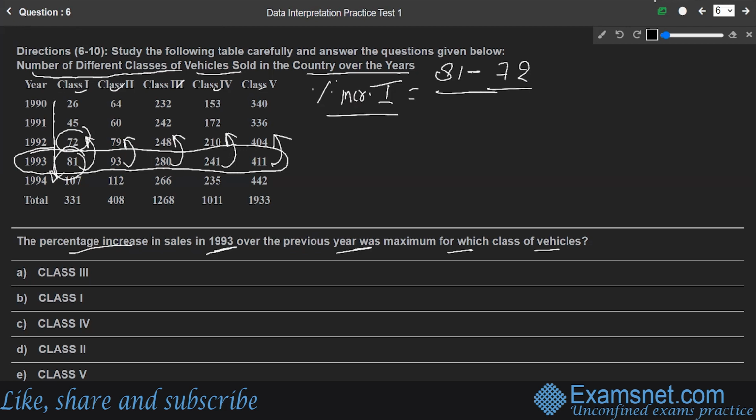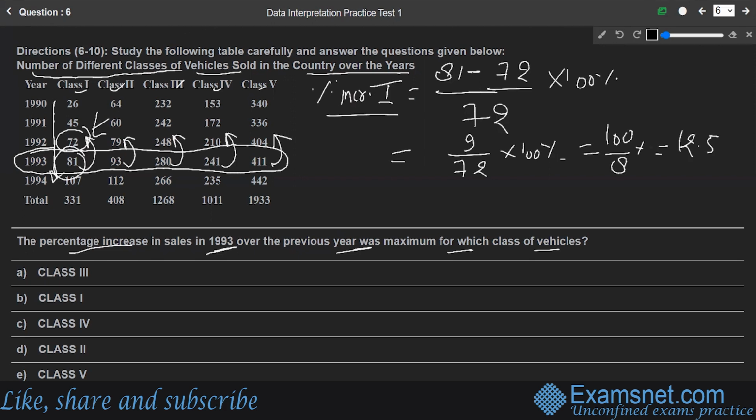In terms of percentage, we have to divide this increase by the base value, that is of 1992, that is 72, into 100%. This comes out to be 9 by 72 into 100%, which is nothing but 100 by 8%, and that is exactly 12.5%. So this is how we can calculate for class 1.